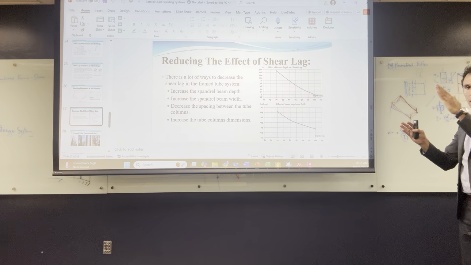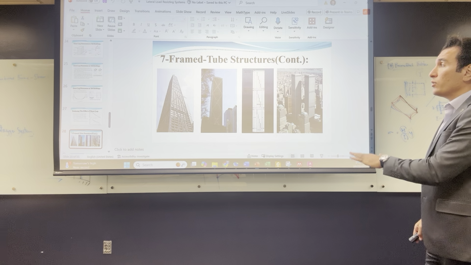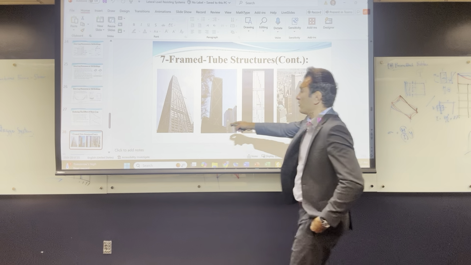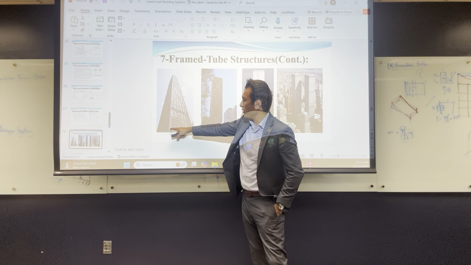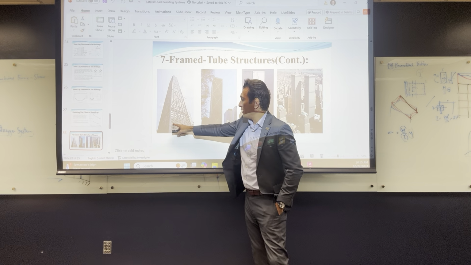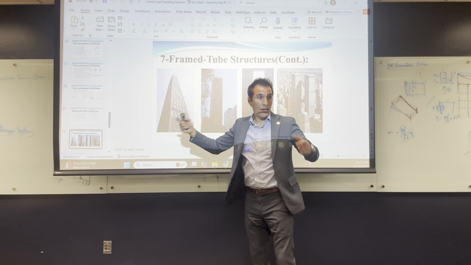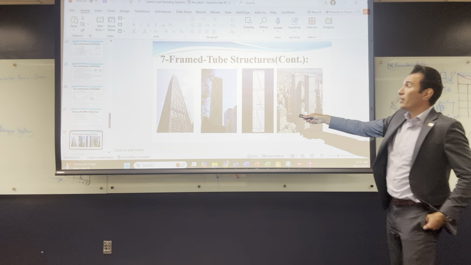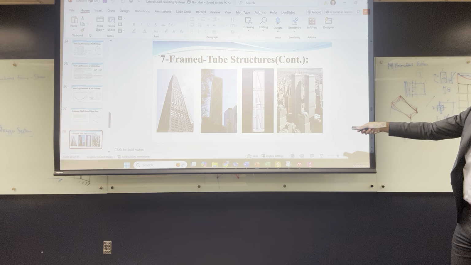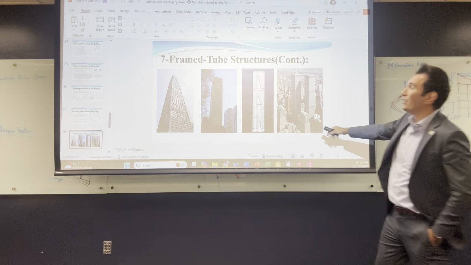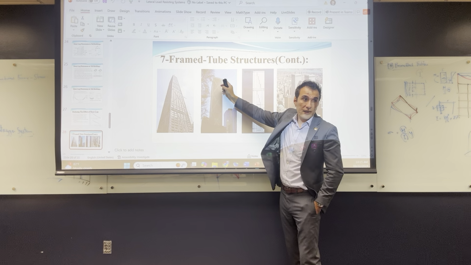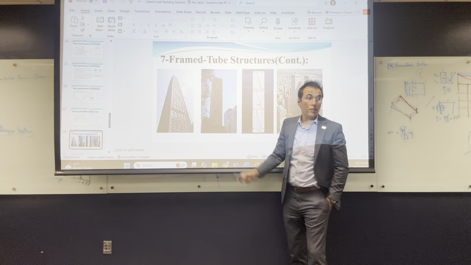And this actually shows you other systems that we can use to decrease the shear lag. This is a tube system for a steel building. You have the columns this way, and there's a deep beam in between them, but they also put bracing around the building from the outside. Sometimes if the building is steel, we make bracing like this, and if it's concrete, you basically fill the hole at that story and make the bracing system.